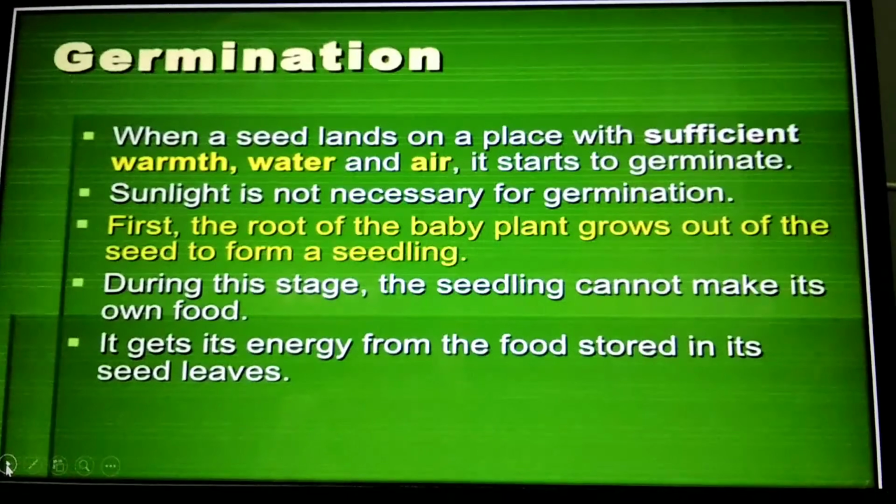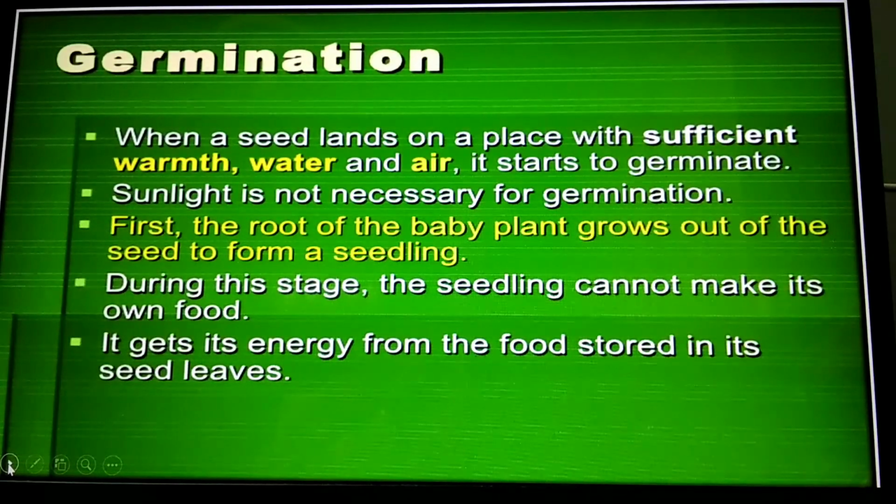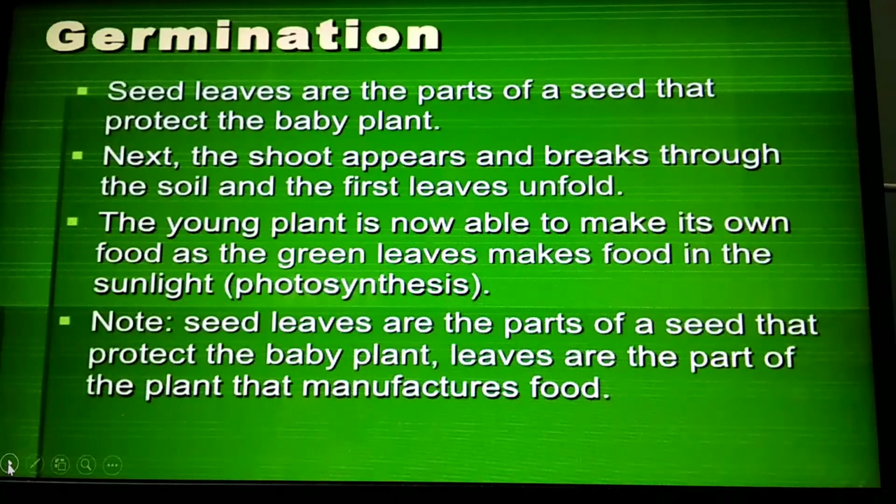Now, what is germination? When a seed lands on a place with sufficient warmth, water and air, it starts to germinate. Sunlight is not necessary for germination. First, the root of the baby plant grows out of the seed to form a seedling. During this stage, the seedling cannot make its own food. It gets its energy from the food stored in its seed leaves, that is, the cotyledons.